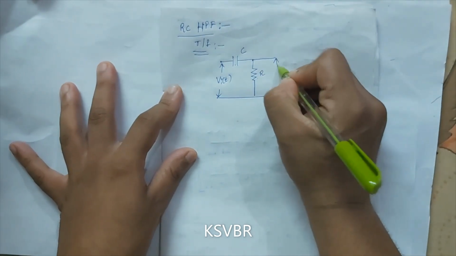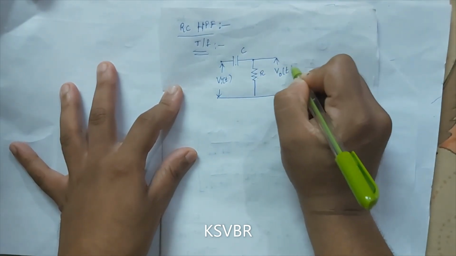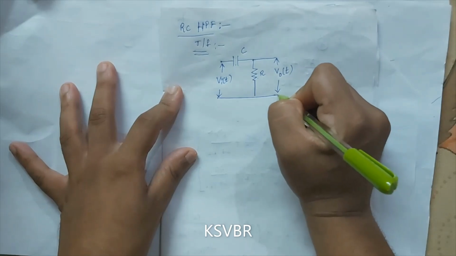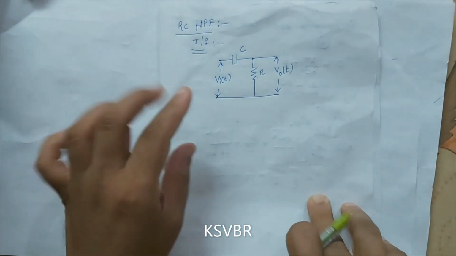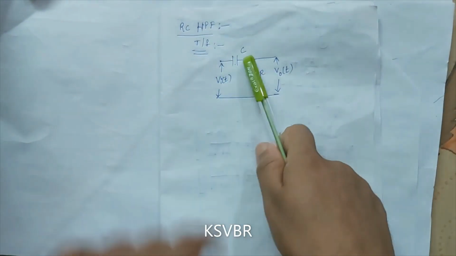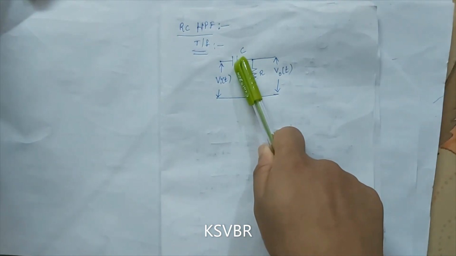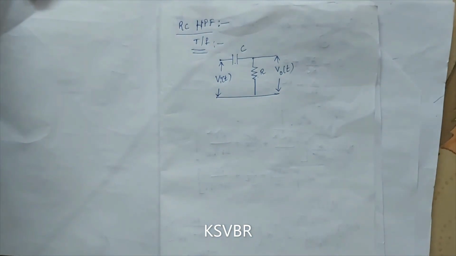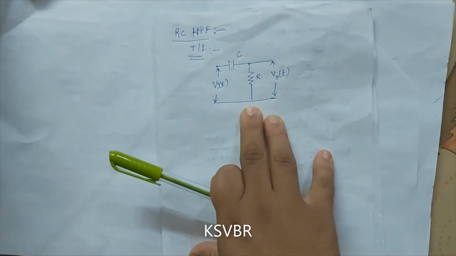In general, we use a capacitor at the input to block the DC level coming into the circuit. That's why this capacitor C is called a blocking capacitor, and as it is connected in series, it is also called a series capacitor. So this is the construction of the high pass filter.